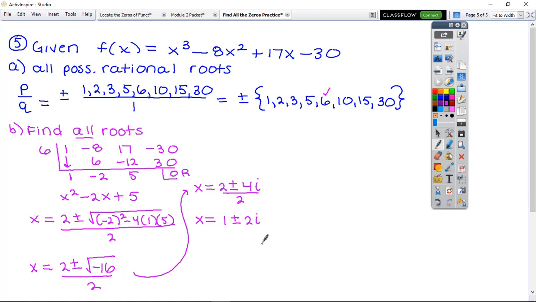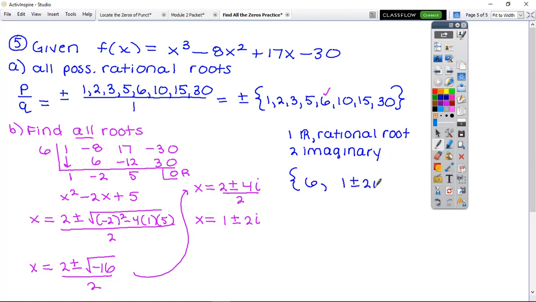We have 1 real rational root, and 2 imaginary roots. Our solutions were 6, and then 1 plus and minus 2i, which you may certainly leave just like that.